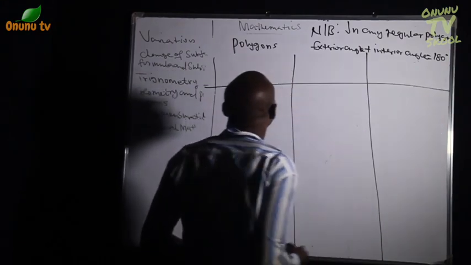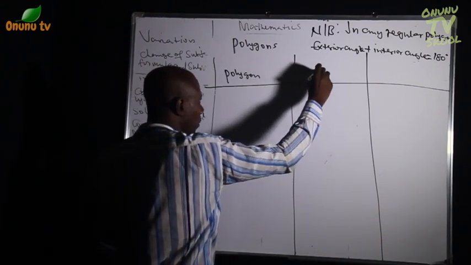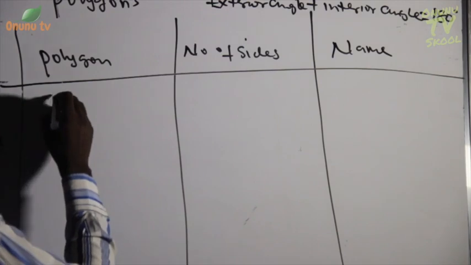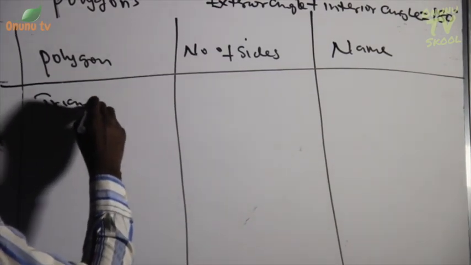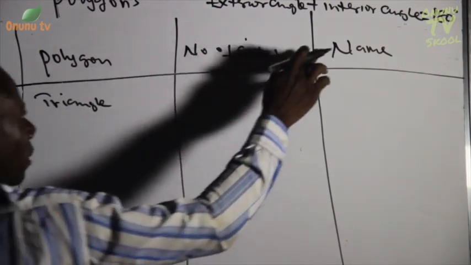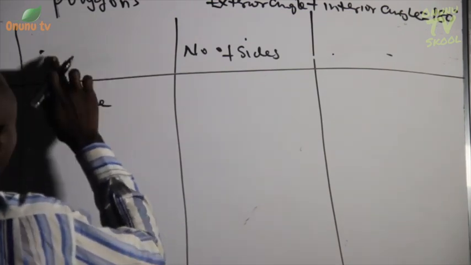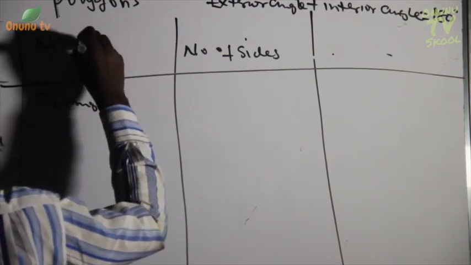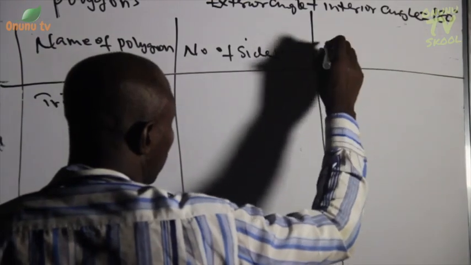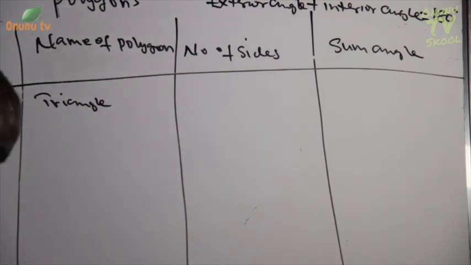Name of polygon, number of sides, sum angle. We will see how we get this sum angle later on.